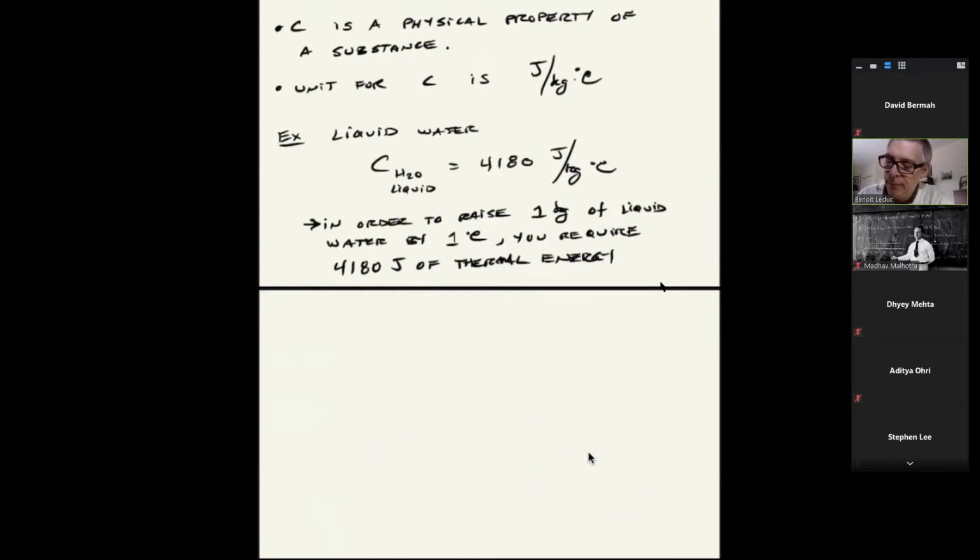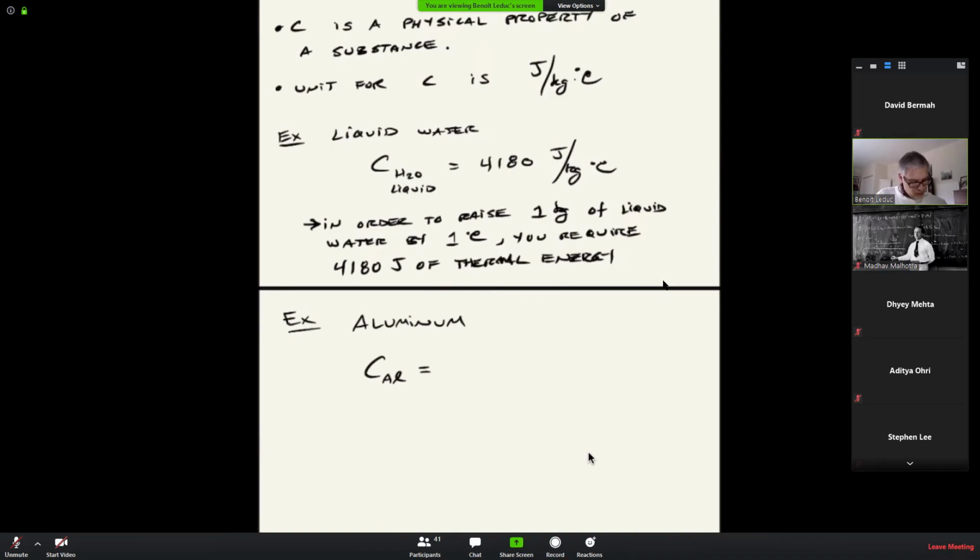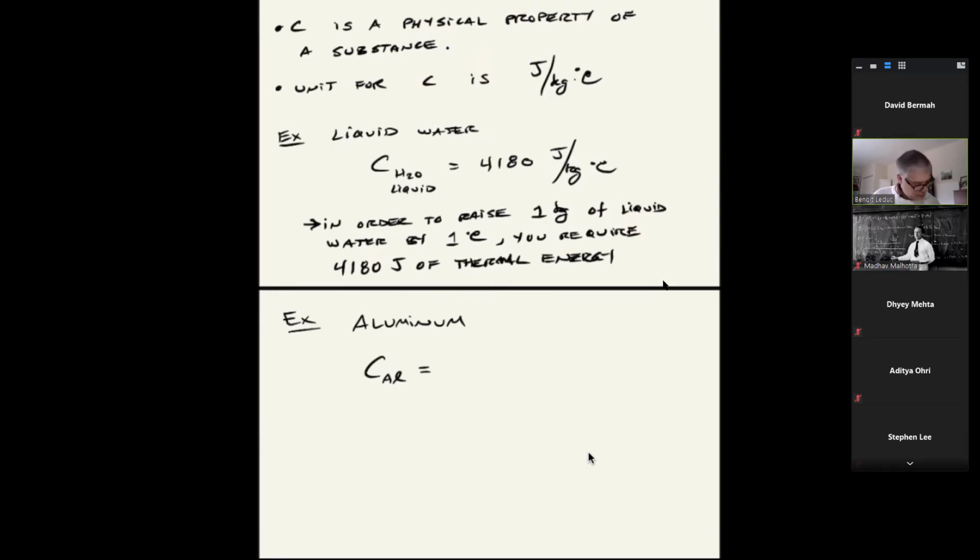All right. Now compare this to, I think, aluminum. Let me check. I think it's 190. I'm not so sure. Check in your textbook. There's a table for specific heat capacity on page 270, and aluminum, I got it so wrong.